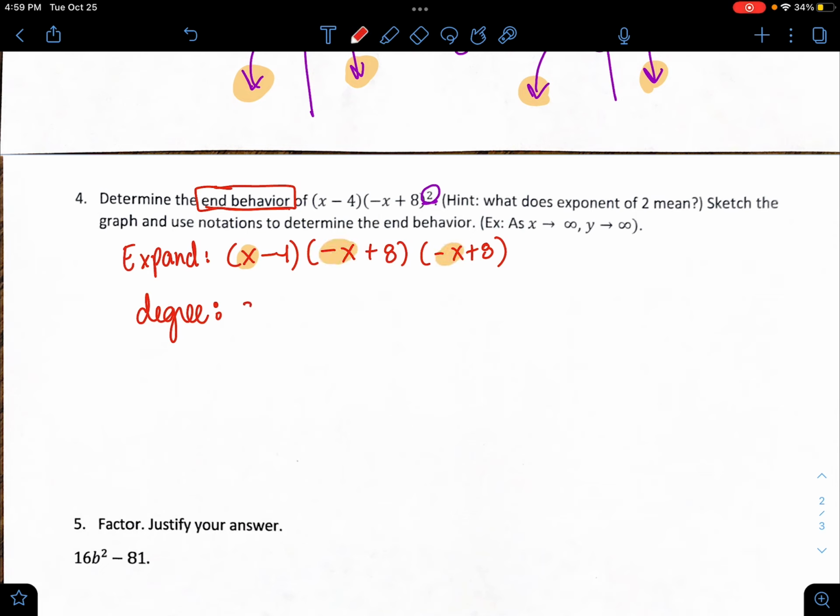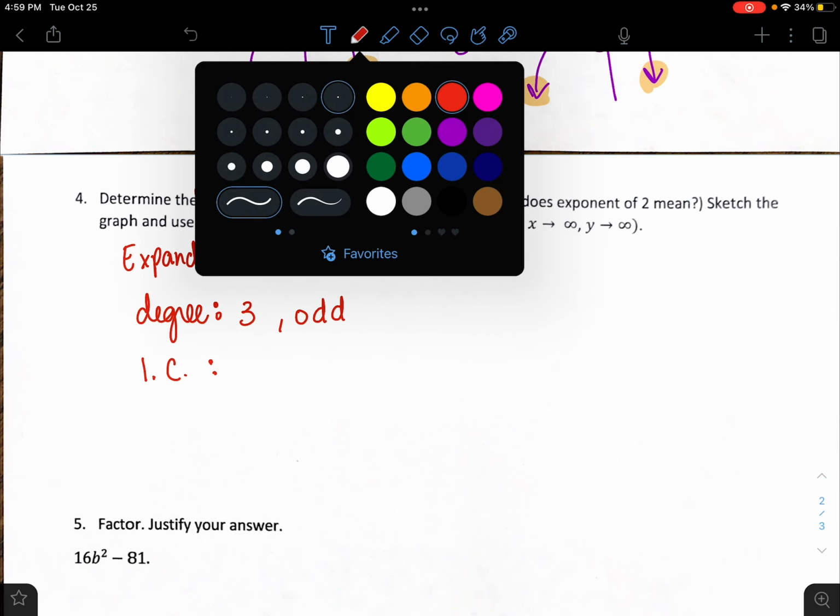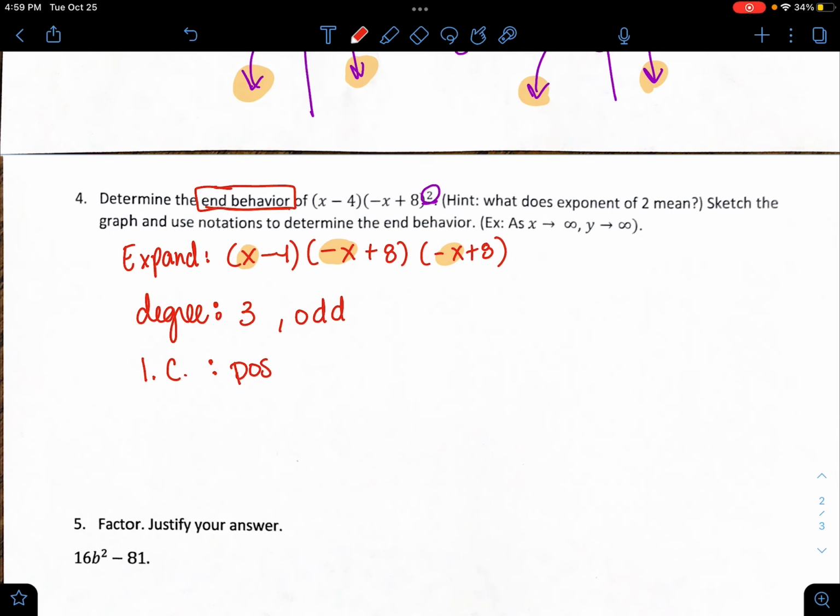So there are 3 x's, and it's odd. Okay, what is my leading coefficient? We're going to look at the sign of each x. A positive times a negative is a negative. A negative times a negative is a positive.